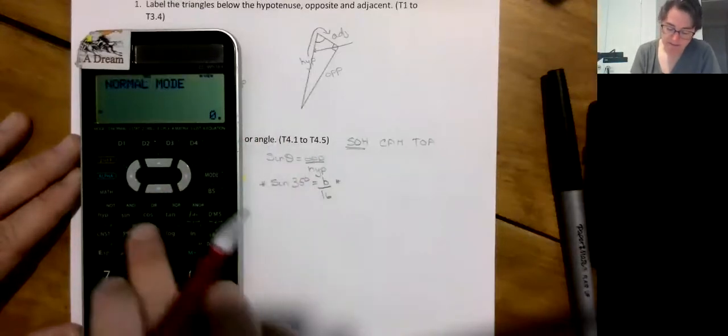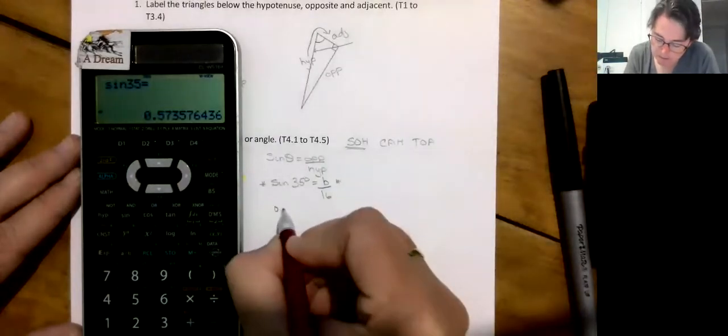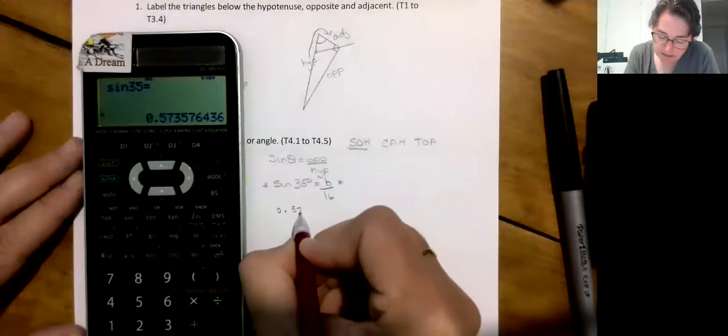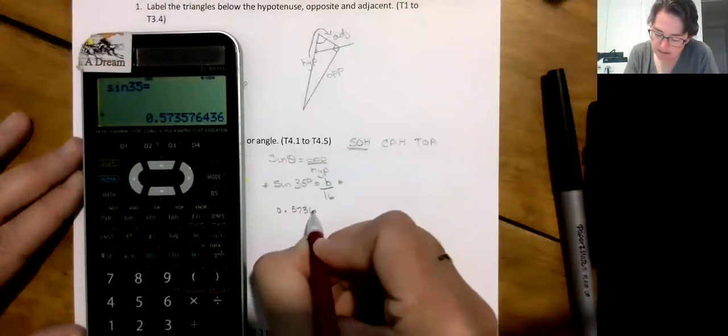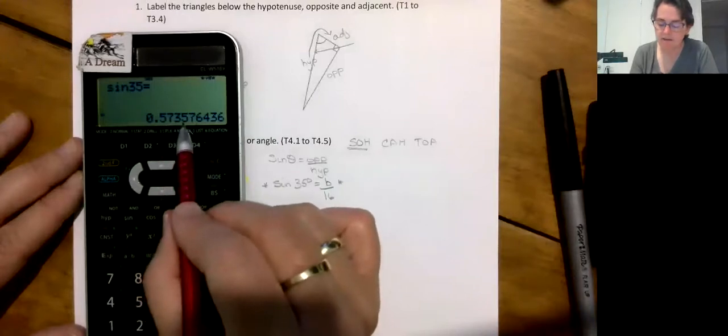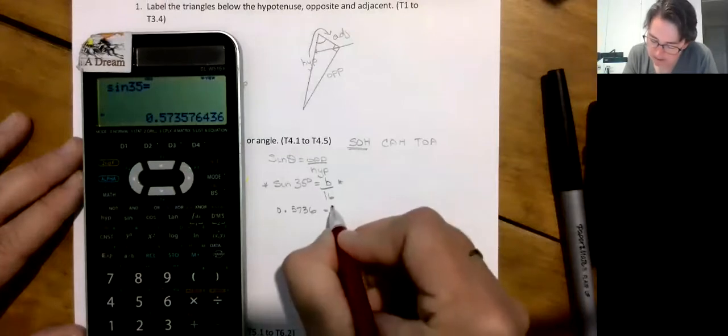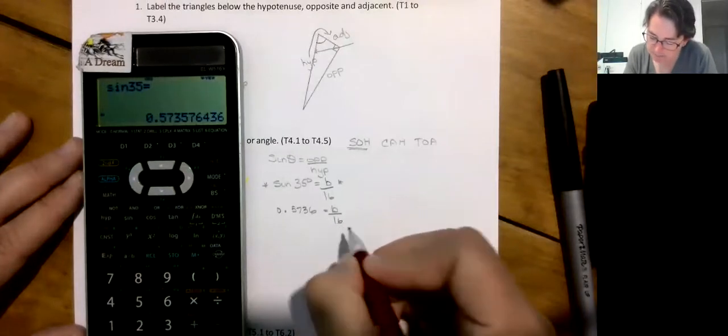All right, so sine 35. By the way, your calculator may have you go 35 and then sine. It's just the way calculators are different. So, 0.5736. I always round to 4 decimal places, so 5735, and then that 7 makes that go to a 6. Is b over 16.